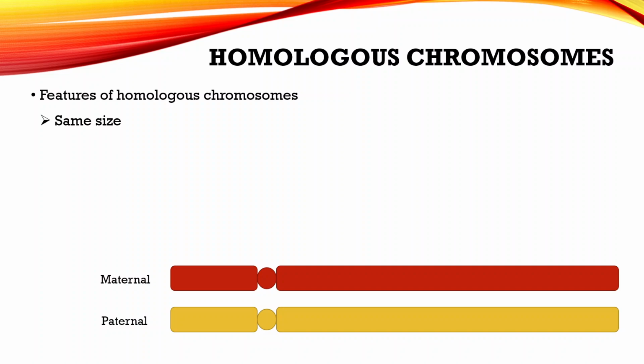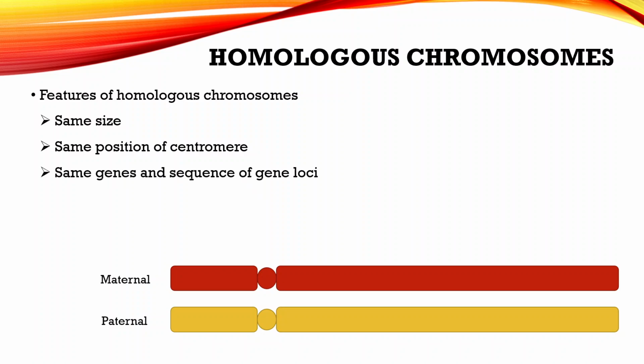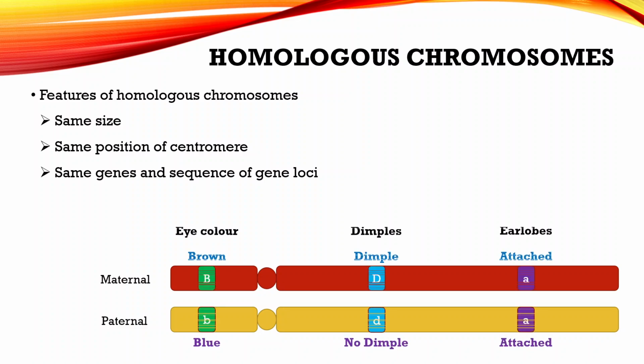They have the same size or length. They have the same position of the centromere, as you can see here on the screen. They have the same genes found in the chromosome, and the sequence of the gene loci will be the same. What does that mean?